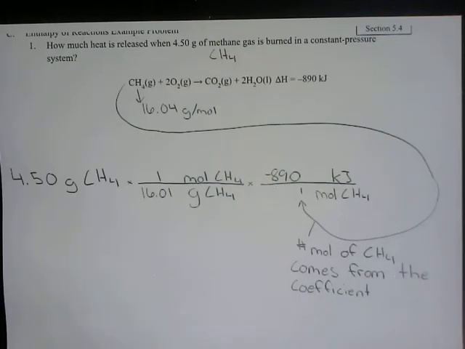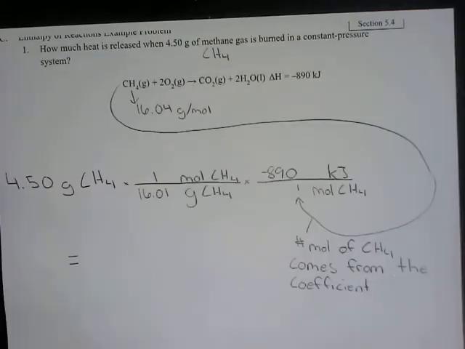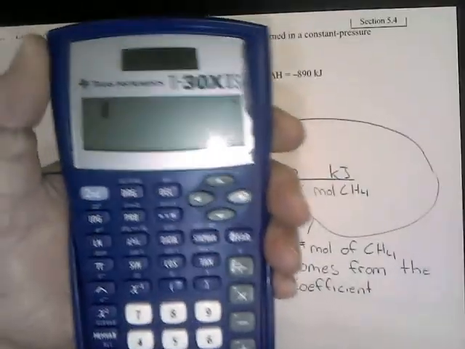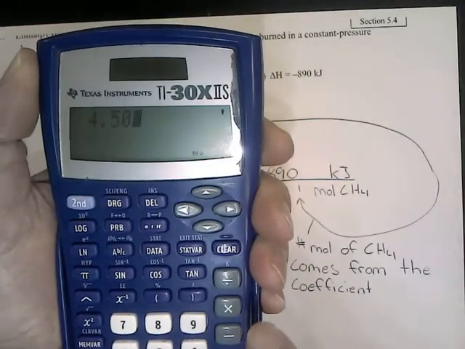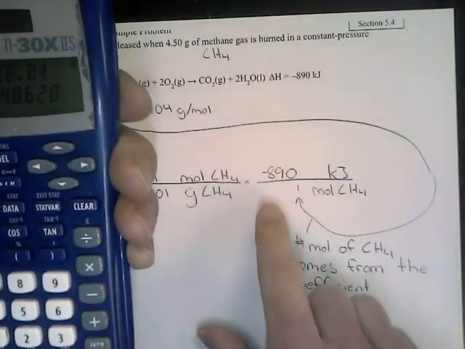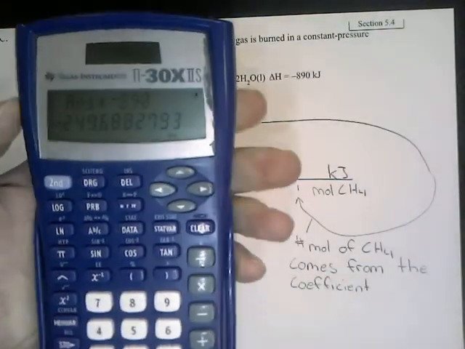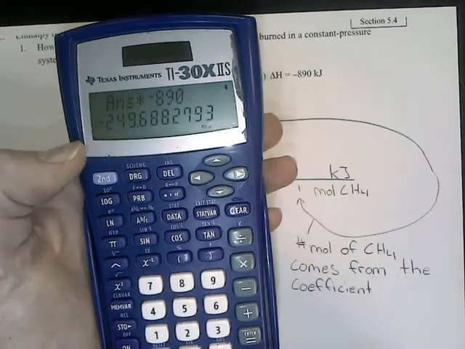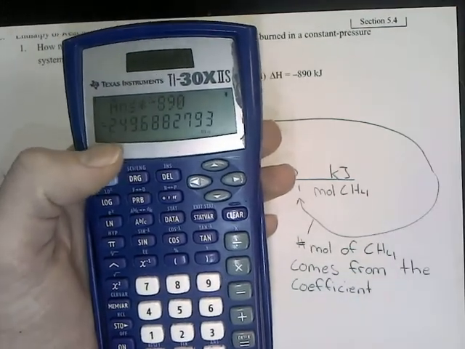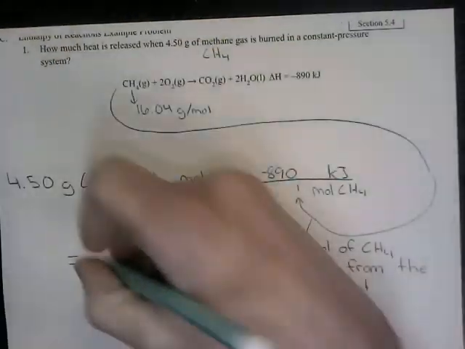So what we do here to calculate all of this, what this ends up equaling is this. We take 4.50 divided by 16.04, we press enter, and then we multiply it by negative 890, and we get a value here, when we round it to 3 significant digits, of negative 250 kilojoules.